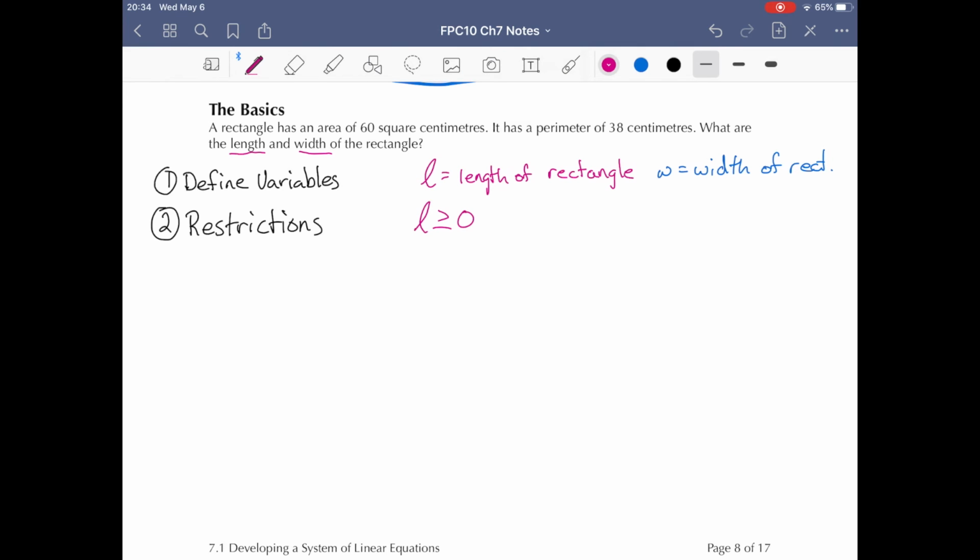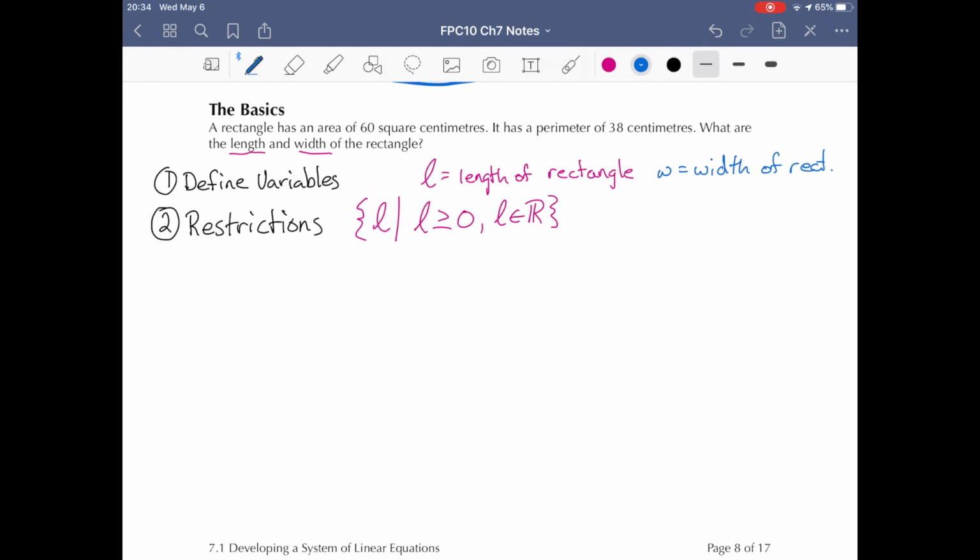And L could be any real number, because it could be decimals, could be fractions, could be any real number. So we can just write this like this. L such that L is greater than or equal to 0, and L is an element of the real numbers.